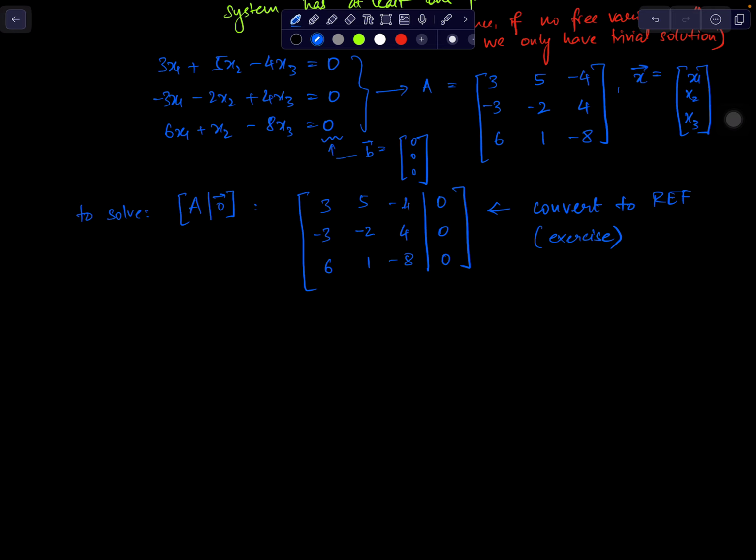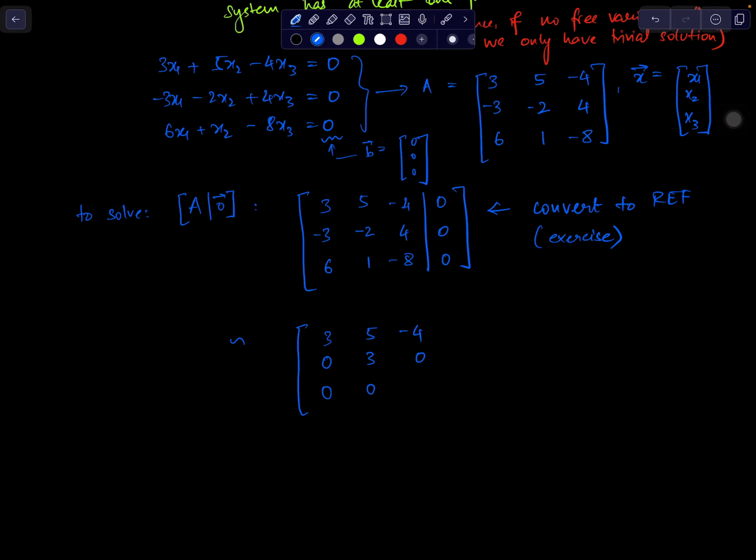So I'm going to eventually write what it looks like. So it's going to be of the form 3, 5, minus 4. Remember, it's REF, so I can have the 3 there. I don't need it to be a 1. All I need is the entries below the first non-zero entry to be 0, right?